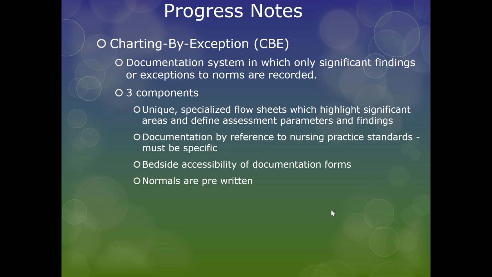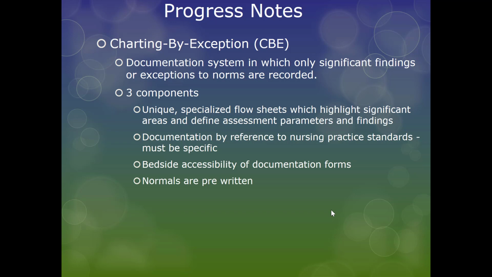The three components to charting by exception is, first of all, you have to have unique, specialized flow sheets which highlight specific areas and define the assessment parameters. The problem with this is the first two words in that sentence, unique and specialized. So there's not one flow sheet that works for everyone. You may have one flow sheet for your asthma patient, one flow sheet for a post-op patient or a patient with COPD.